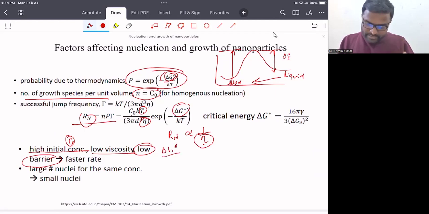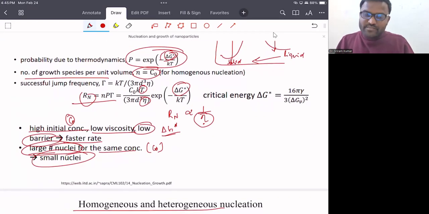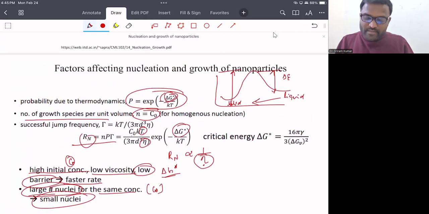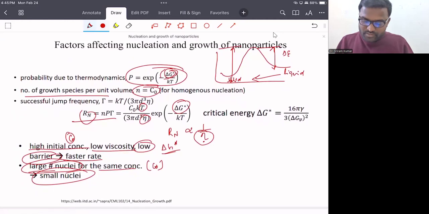So the rate of the nucleation process depends on the initial concentration, viscosity, and the delta G star. So this is one set of those parameters. And second is that if we just increase the number of nuclei at the same concentration C0, with nuclei of the smallest size, in that case we have smaller nuclei, and that will lead to the smallest particle size. So this is a really important observation for controlling the nucleation process.